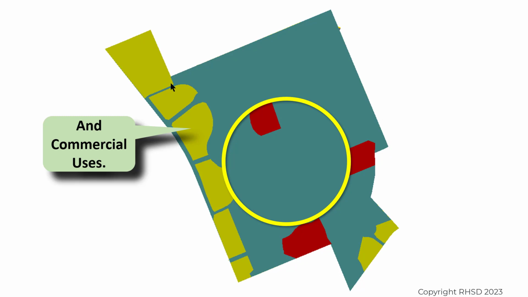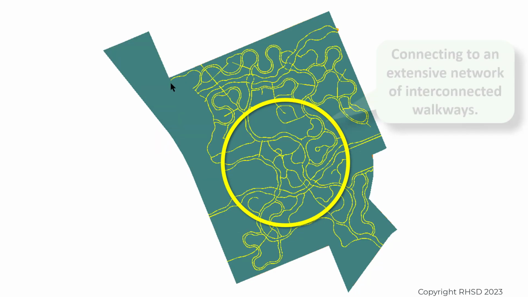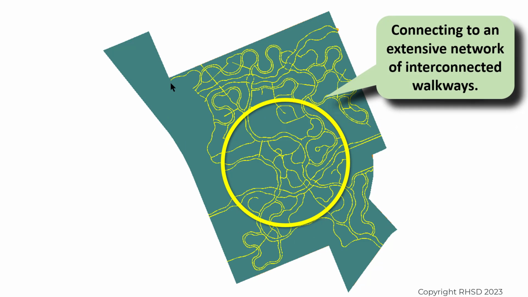Commercial uses are also conveniently located along the main highway, but it also can be accessed fairly conveniently through the main trail system. You can see there's an extensive network of interconnecting walkways that go to and from the main trail system. So essentially what we want to do in any development, especially a large development, is create a pedestrian highway system as the first element of the design.